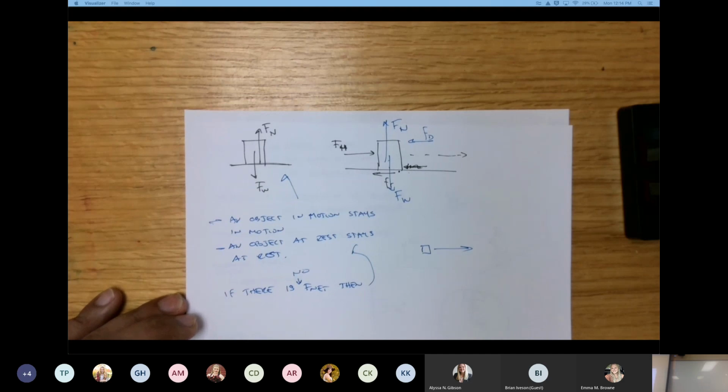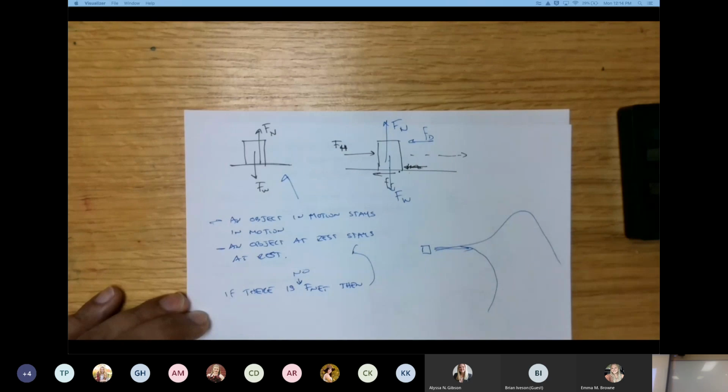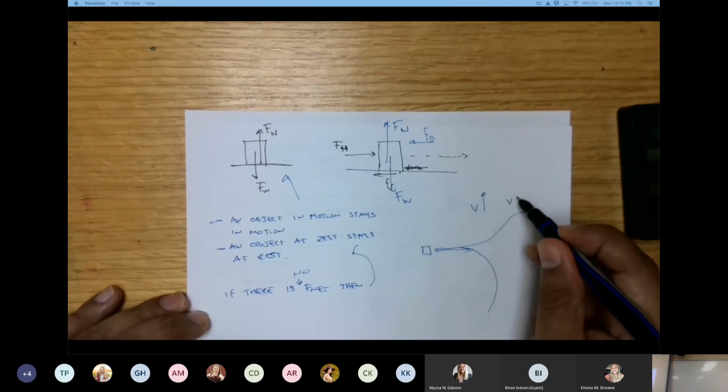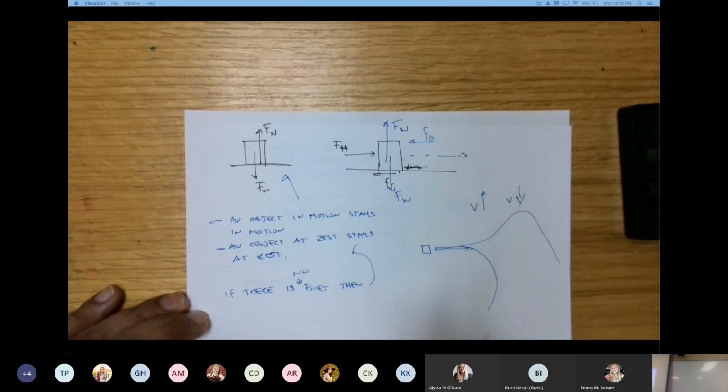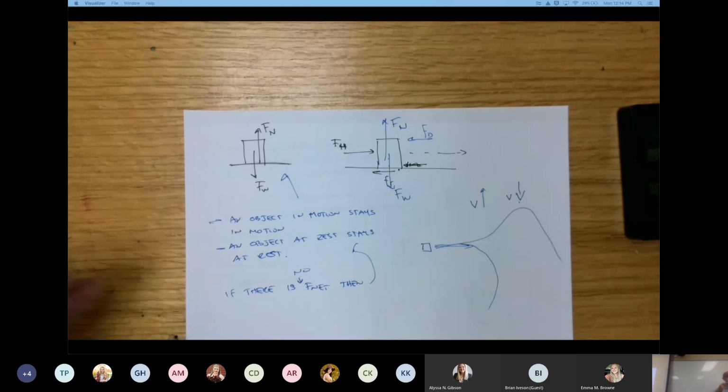And if that object does something different, like it starts moving in a curve, or starts changing directions, or its velocity increases or decreases, if anything changes, it's because there's an external force. So all the forces acting on that object are going to add up to something different than zero, and the consequence is that that object is going to change the way it moves. Okay? So that's the whole thing with Newton's law.